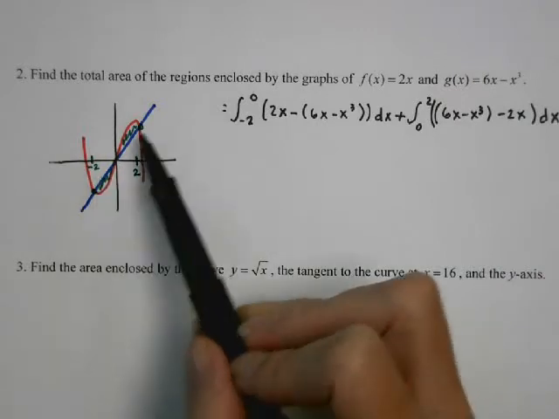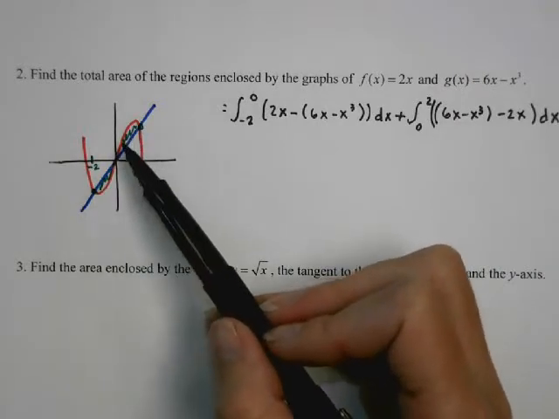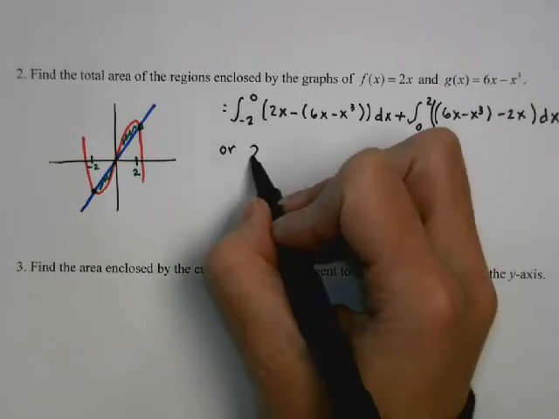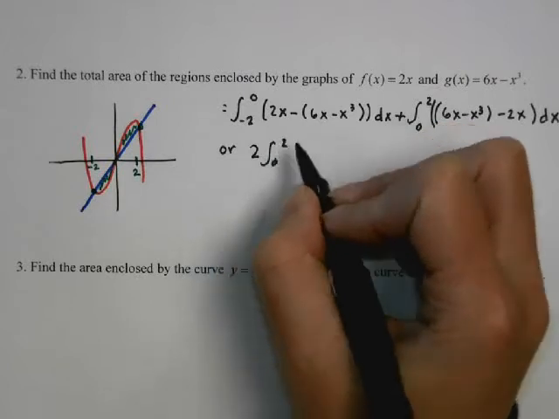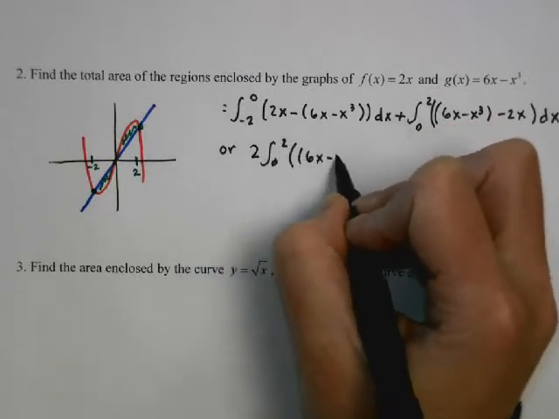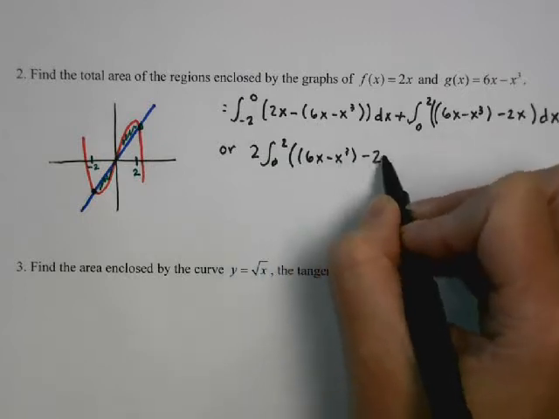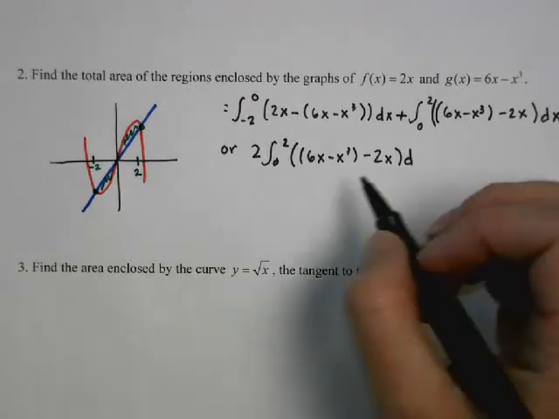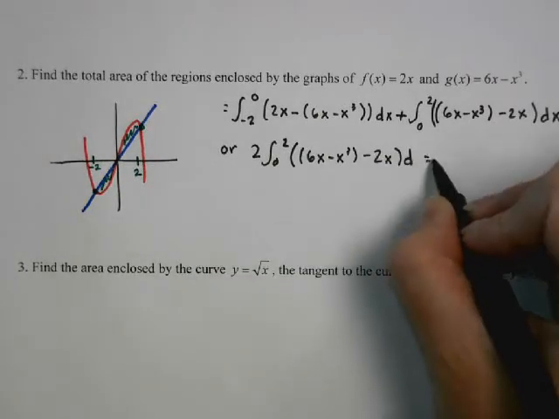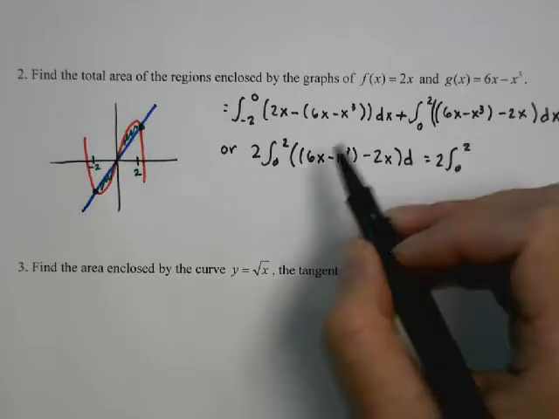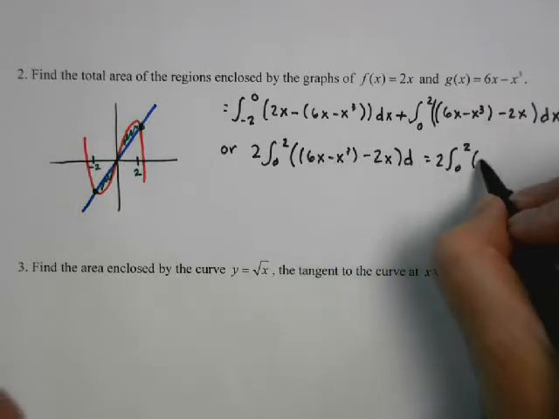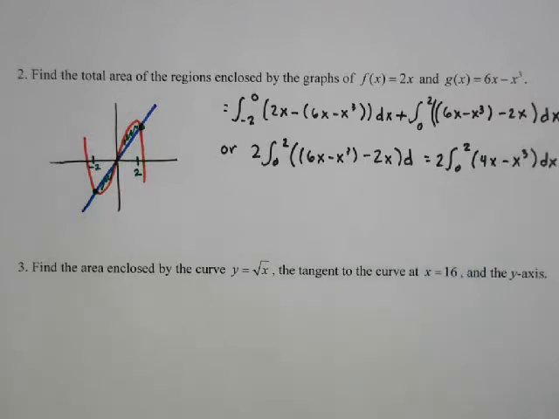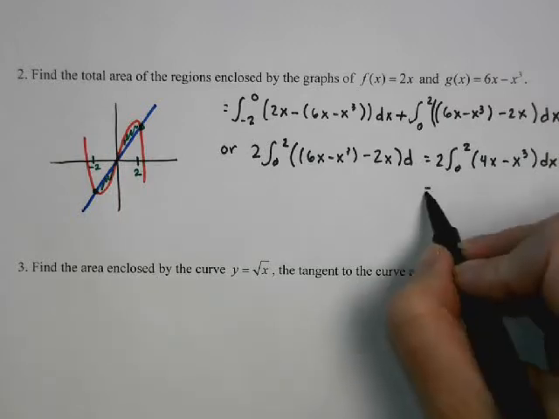Now this graph is symmetric, so this area is going to equal this area. So you could just take one of these and double it. So I could just do 2 times the integral from 0 to 2 of 6x minus x cubed minus 2x, or double the other one. To 2, so this 6x minus 2x, we're going to have 4x minus x cubed. So we will integrate that.